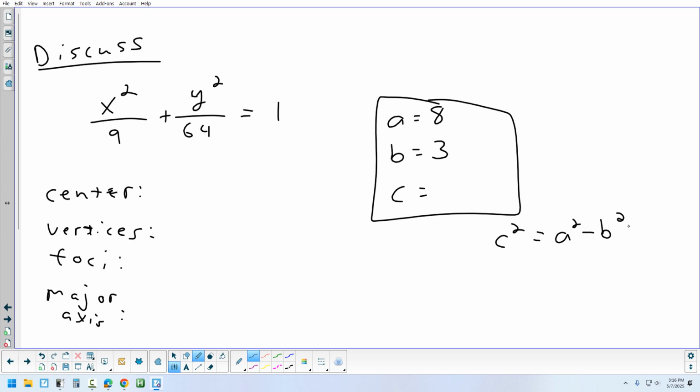Should have checked this before I made it up. But yeah, we're fine. So C squared equals 64 minus 9, which means C is the square root of how much? Square root of 55. Yep.